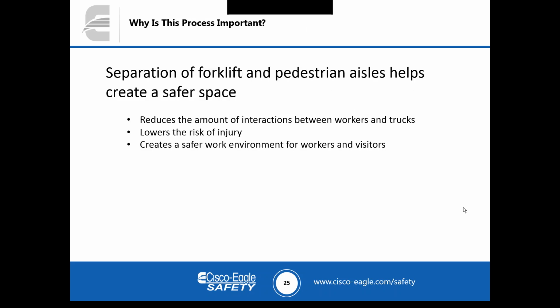So why is this step so important? Well, the separation process is critical because it creates a safer space for both pedestrians and forklifts. And that's because, first off, it reduces the amount of interactions between workers and forklifts, which in turn will lower possible accidents within the area.